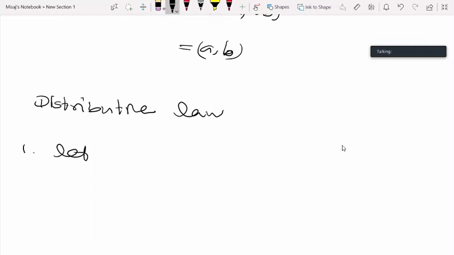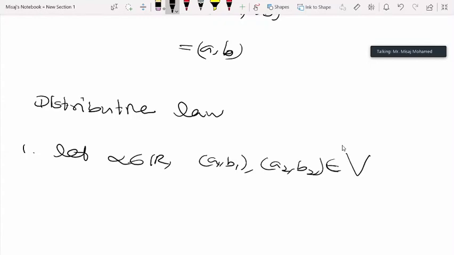Let alpha be in R and (A1, B1), (A2, B2) be from V. Okay. Now check the property. Please check.